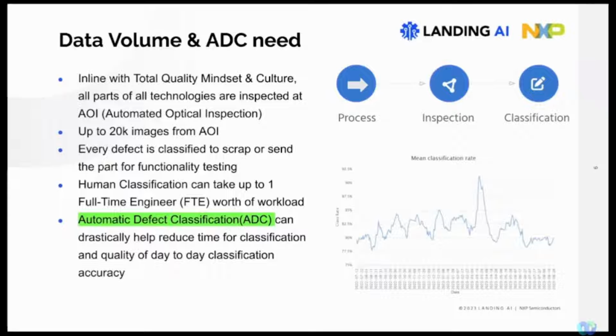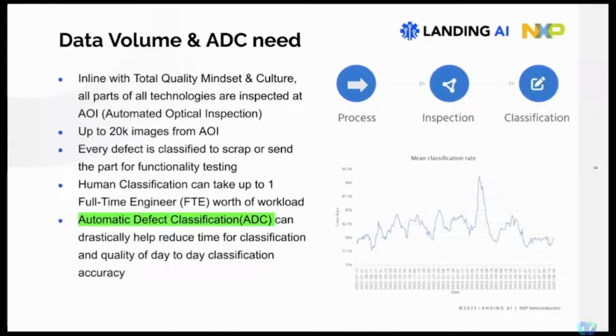Up until now, we were using human classification, which involves one user, or I would say operator, technician, or engineer, looking at the defective images that were captured and classifying whether it is a reject part or not.